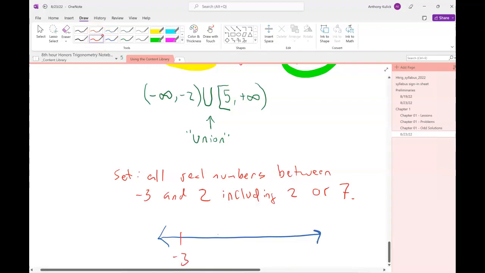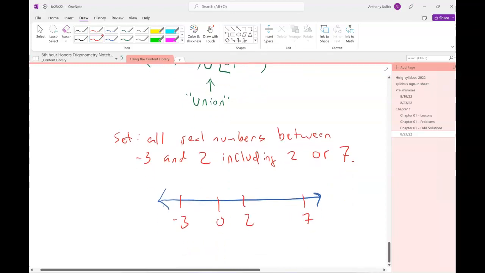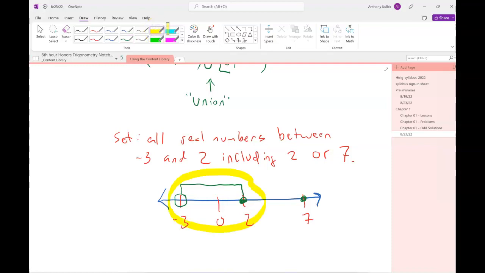So -3, 0, 2, and then 7 out here somewhere are the numbers we care about, right? So everything between -3 and 2, including 2. So we're not including -3. We are including 2. Or it could be 7. Everybody's okay with that? So we'll start with this piece first.